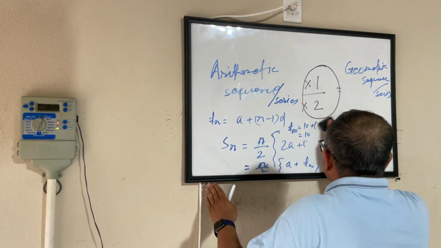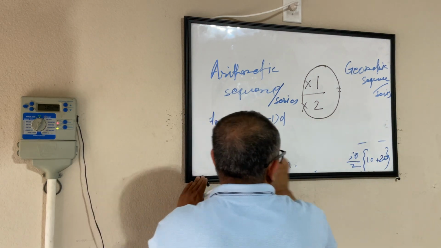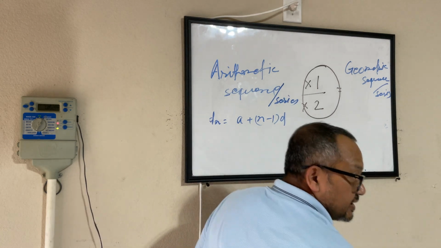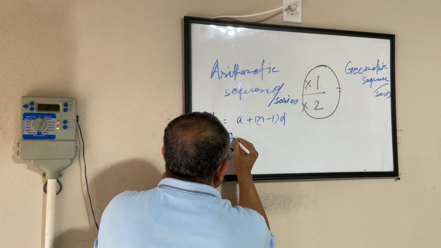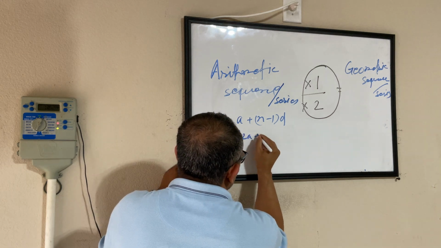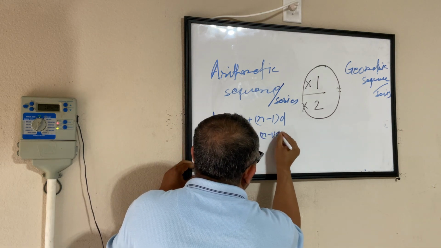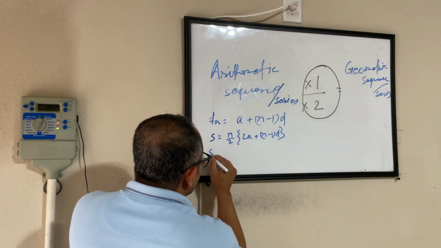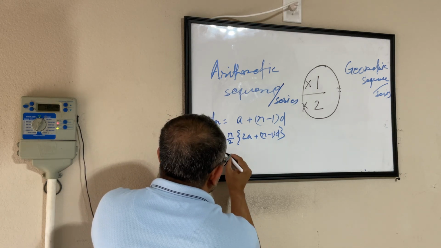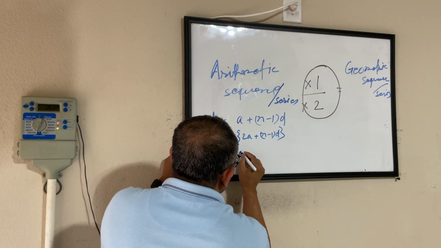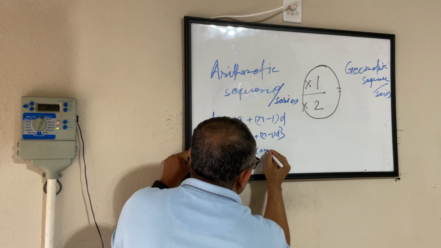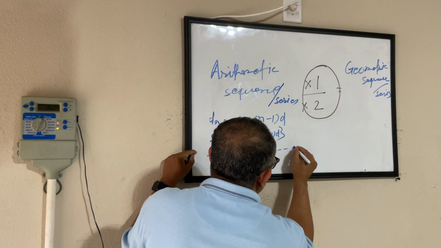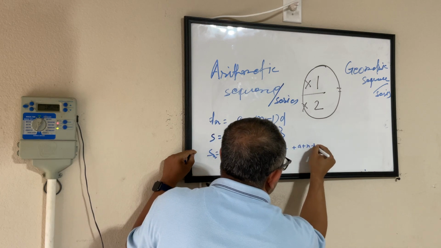So now, if you guys don't remember how we did it, I'll just give you a quick clue. For the sum of n terms, we got n by 2 times 2a plus n minus 1 d. What we did was, we said the sum of n terms is a plus d, a plus 2d, and went on till a plus n minus 1 d, the nth term.